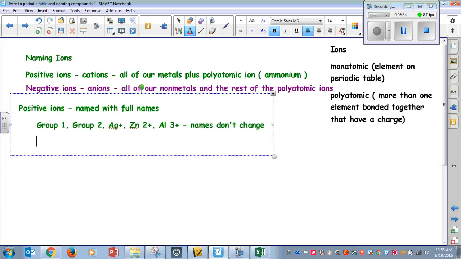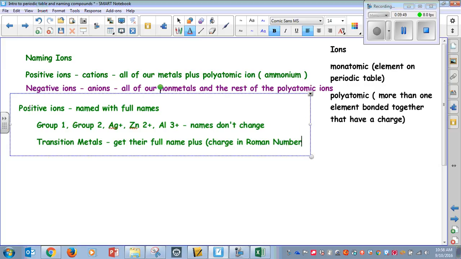Then we have our transition metals. Transition metals get their full name, plus you put the charge in Roman numerals. For example, if I have iron that has a 2+ charge, then I would call that iron Roman numeral 2.